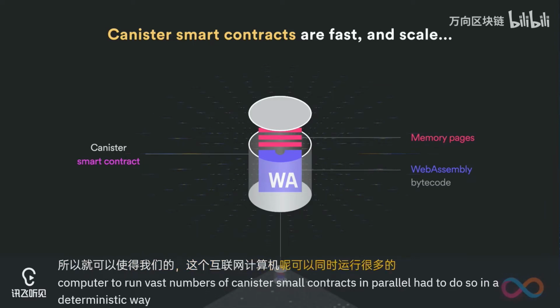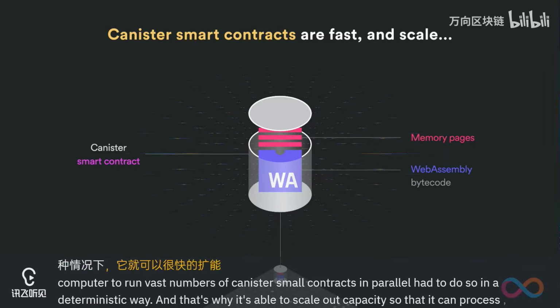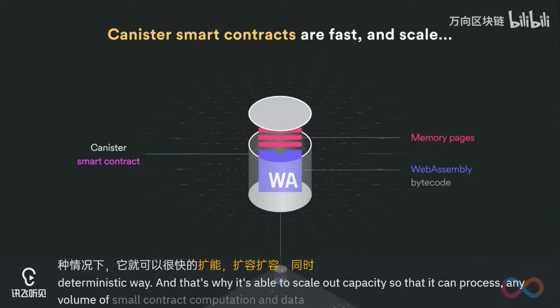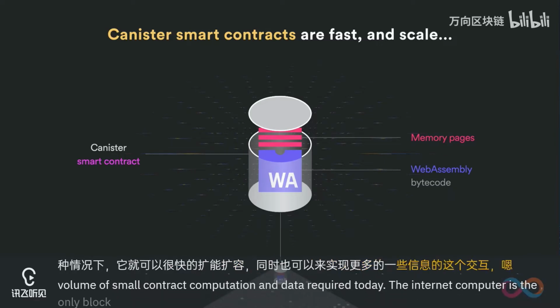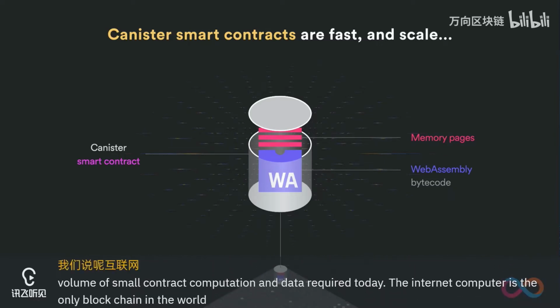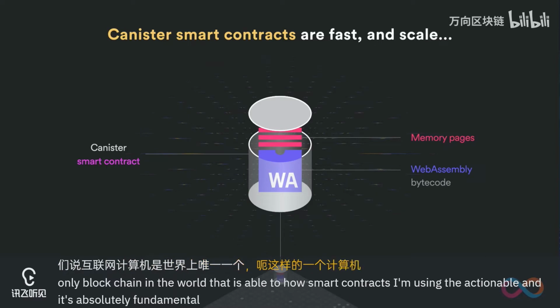And that's why it's able to scale out capacity so that it can process any volume of smart contract computation and data required. Today, the internet computer is the only blockchain in the world that is able to host smart contracts using the actor model, and it's absolutely fundamental to the way it approaches the problem of blockchain singularity.